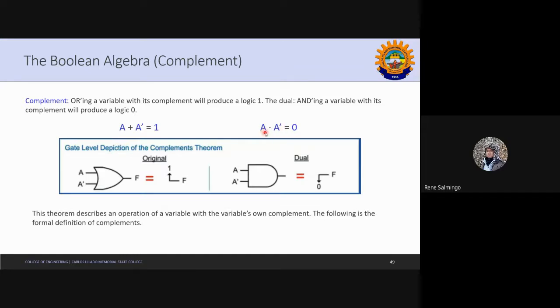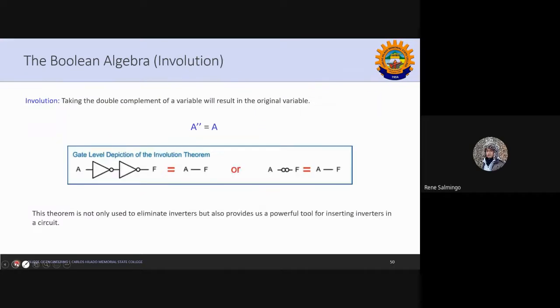So you multiply 1 and 0, which is equal to 0. For example, if A is 1, then A prime becomes 0. So 1 or 0 is still 1, in binary. That is the complement theorem.